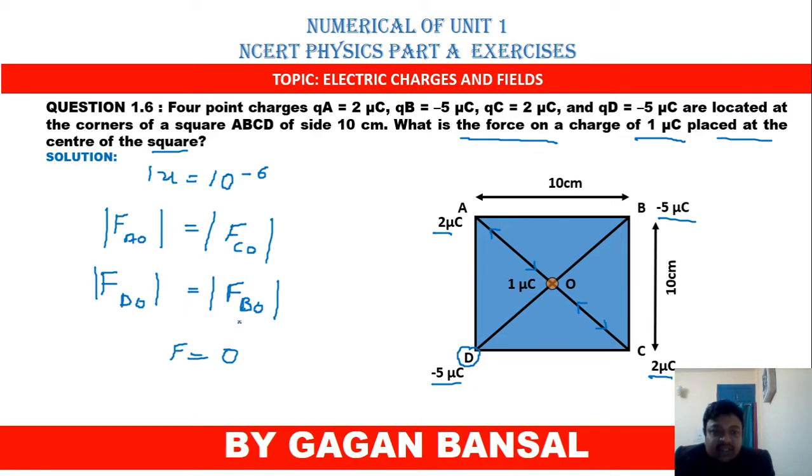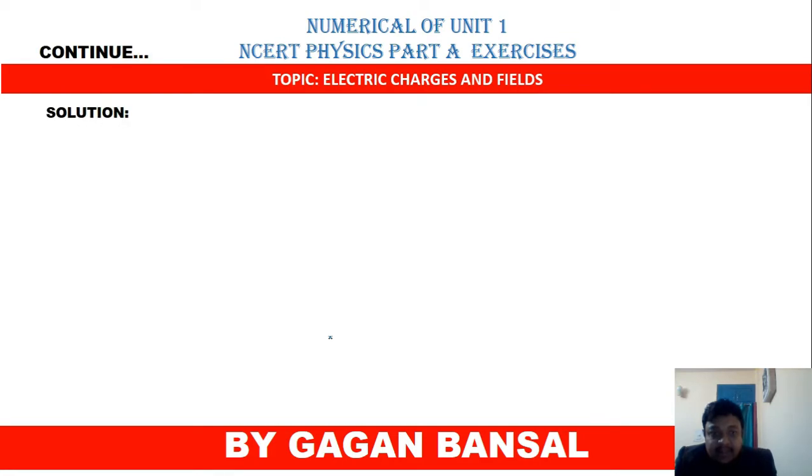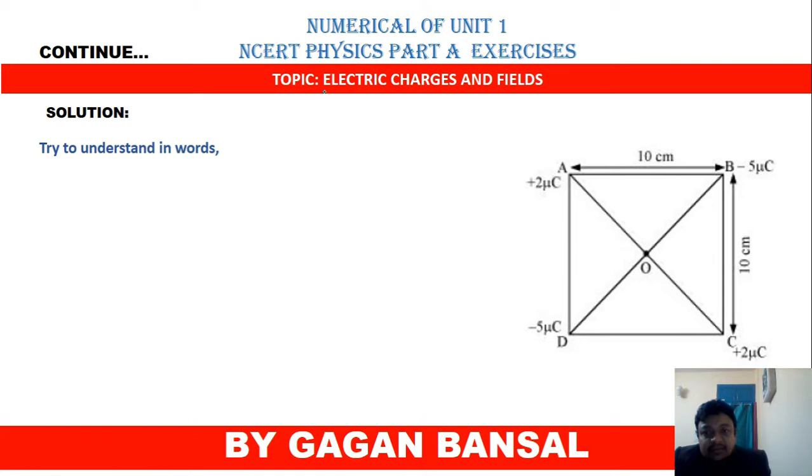So in words I will be explaining, try to understand in words. We have this problem in which A, C, B and D are the corners of the square and everything is explained.